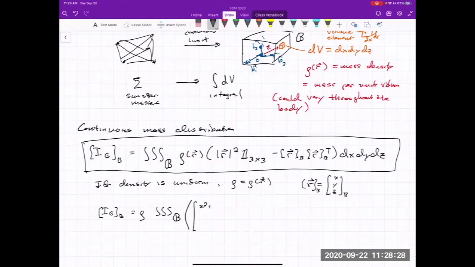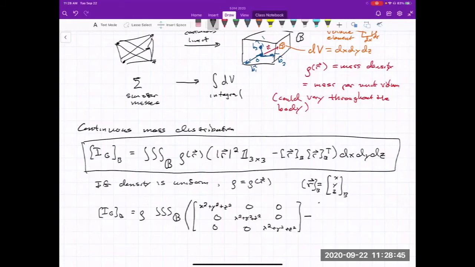This is X squared plus Y squared plus Z squared on each diagonal entry. Everywhere else is zeros.